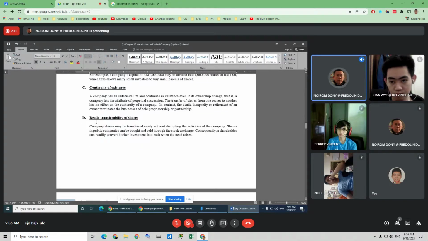And then ready transferability of share, meaning we are talking about the share that is owned by the shareholders. It can be transferred at any time.